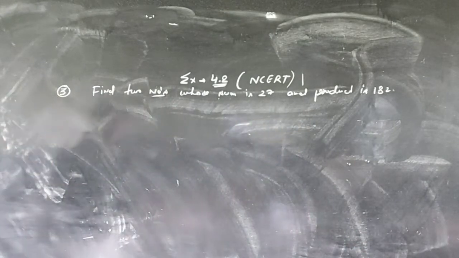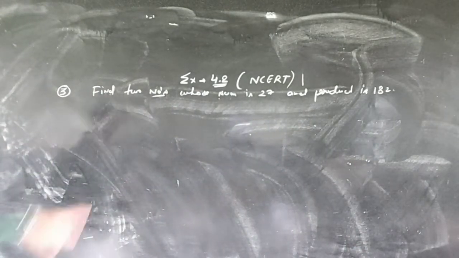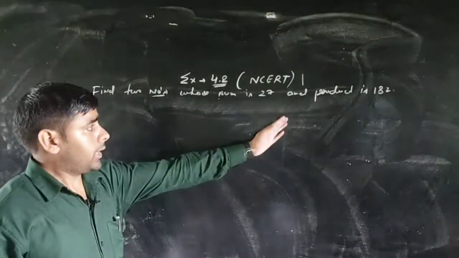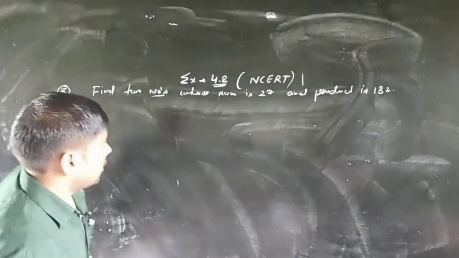This is the question. Find two numbers whose sum is 27 and the product is 182.